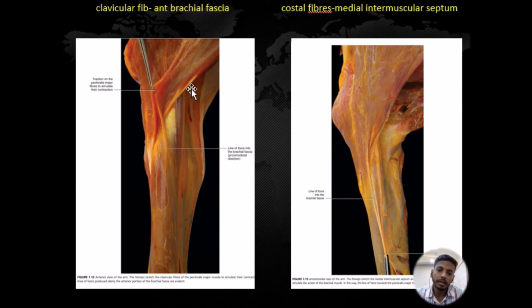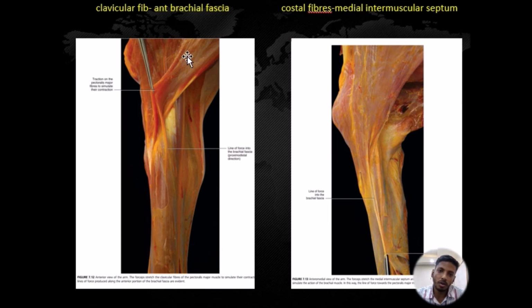Now coming to the trunk and arm connection. We have the pectoralis major. As we have seen, we have three parts of the pectoralis major: the superior fibers, called the clavicular fibers, the mid sternocostal fibers, which attach to the sternum as well as the costal regions of the ribs, and the inferior fibers, which attach to the rectus sheath.